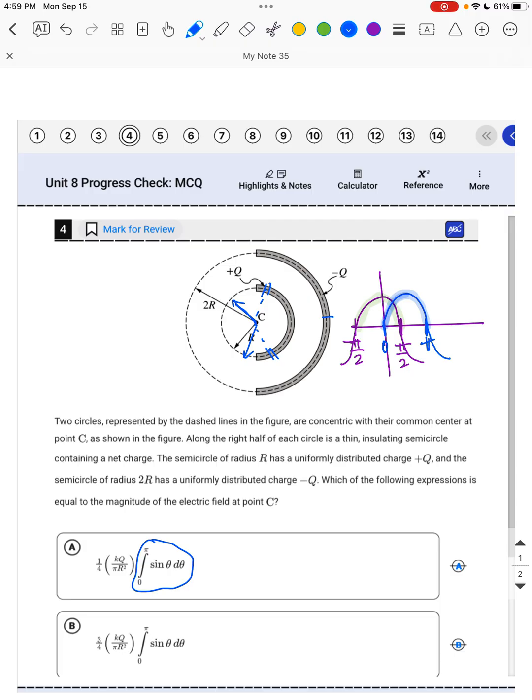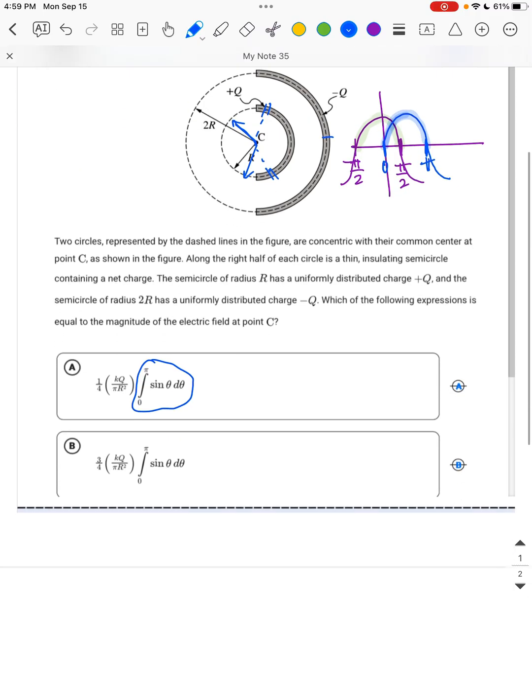And so when we do our integration, I need to include that x component. So cosine theta, because again, I'm going to use this as my theta, and then I can rewrite it as sine later.